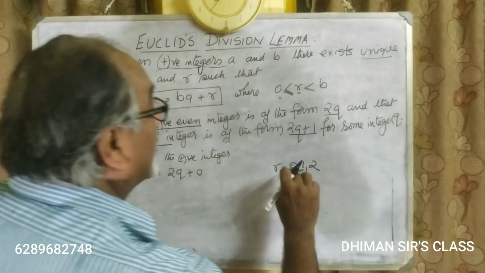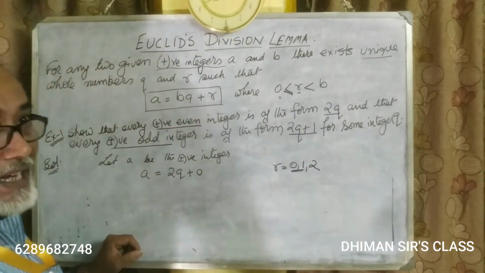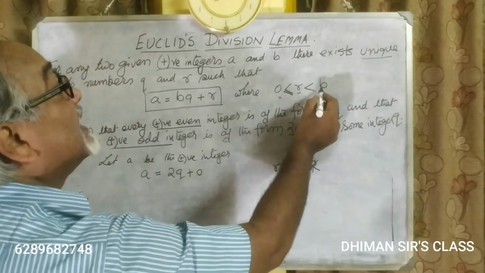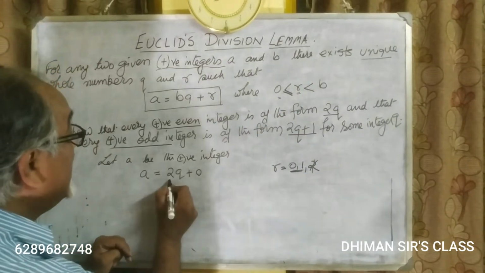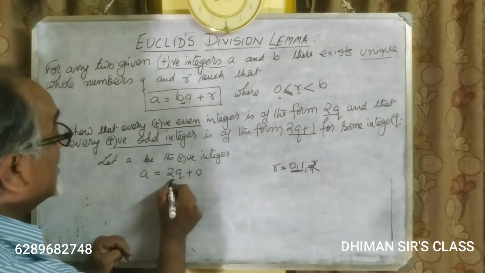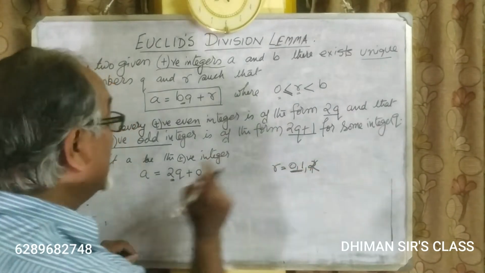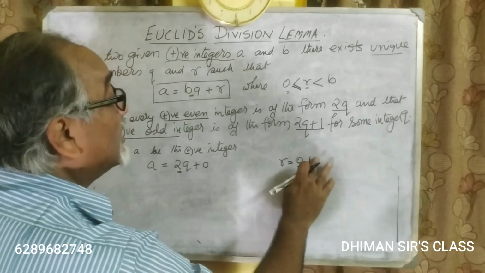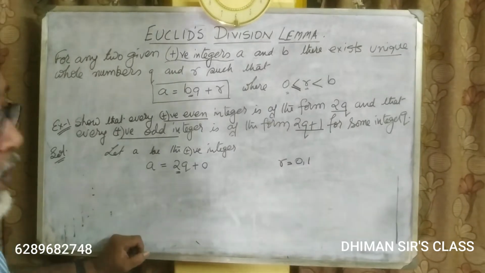R can be 0 or 1 in this equation. Why? It cannot be 2. Because they are telling us R should be less than B. What is B here? B is 2. So R should be less than 2, so it cannot be 2. So the remainder should be 0 or 1.